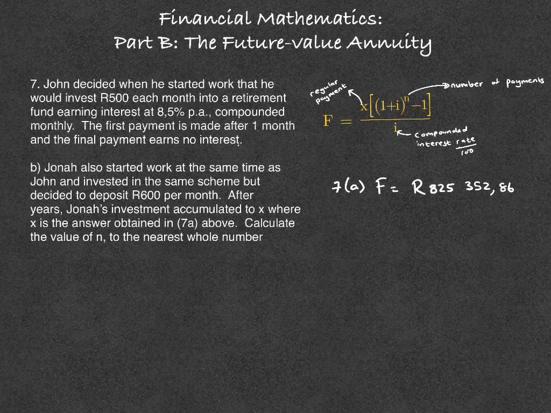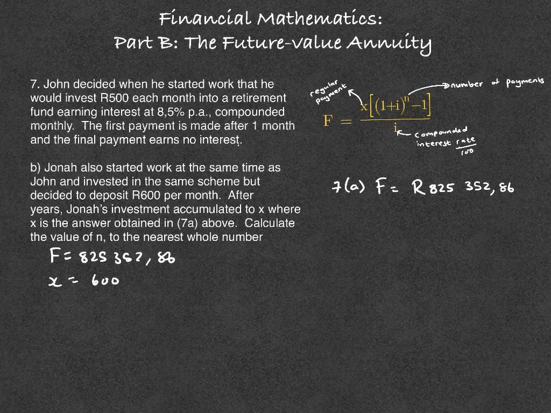Okay, so what do we have here? We know what the future value is. The future value must be the same as in 7a, so that is 825,352 Rand and 86 cents. We know what x is. He's going to pay 600 Rand a month into this account, or into the annuity.